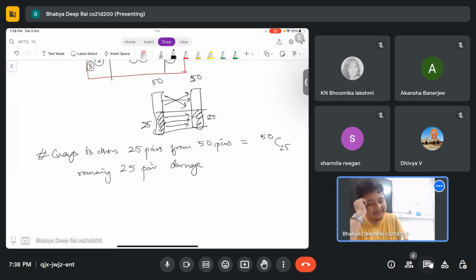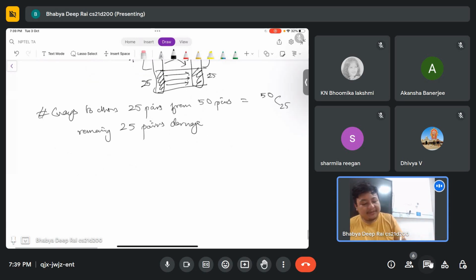Meaning 25 students from here do not meet the correct partner from the right side. Let's say A and B. So 25 students from A do not meet the correct partner from B, which is nothing but D25 ways.